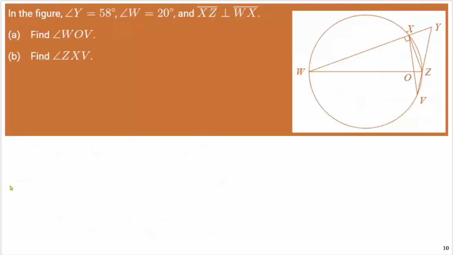If not, let's consider another example, again using what we have learned so far. In this figure, angle Y equals 58 degrees, angle W equals 20 degrees, segment XZ is perpendicular to segment WX. Can you find angle WOV and angle ZXV?